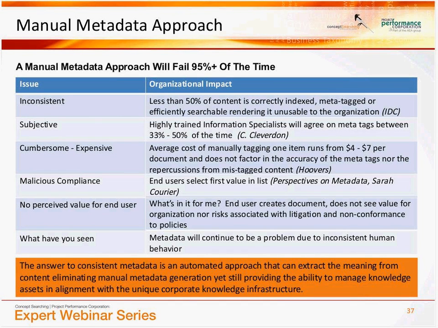If you gave the same terms and the same document to different people and said, go apply those, they would most likely pick different tags to apply to the document. Without consistency, our search is off, our ability to do records management is off, and information management doesn't work properly. So therefore, you have to have an automated approach.